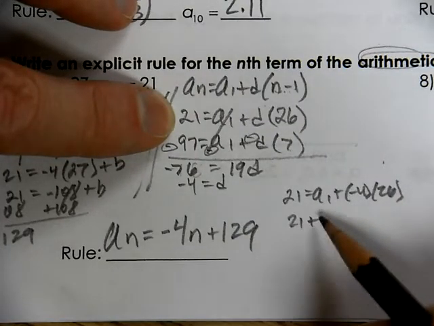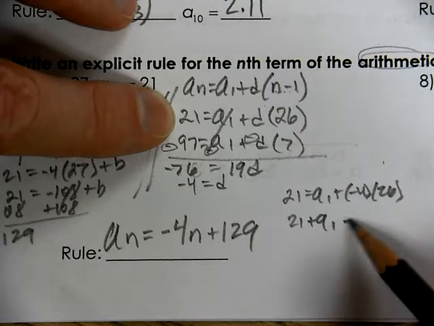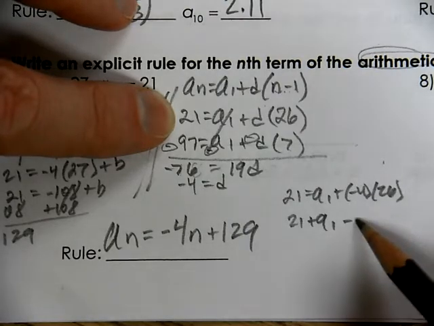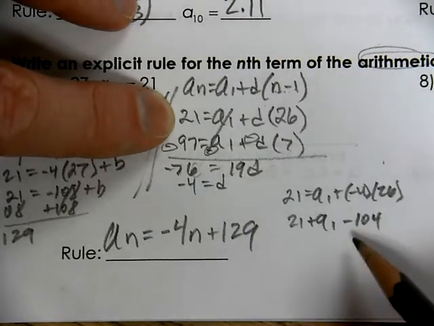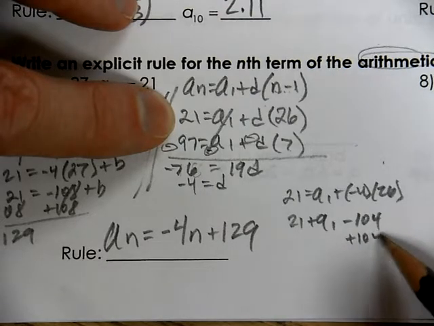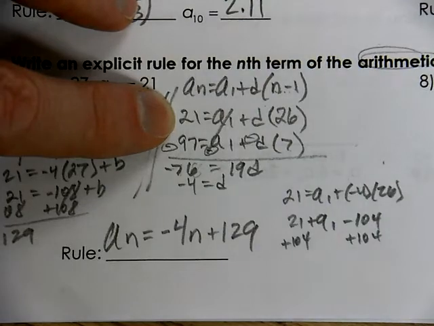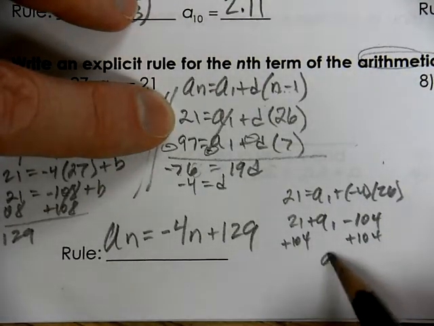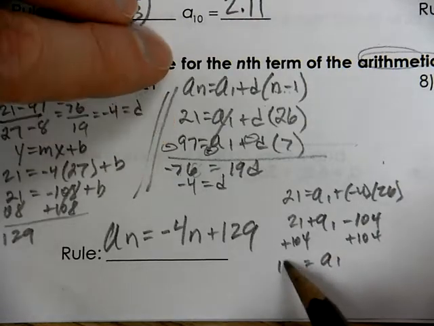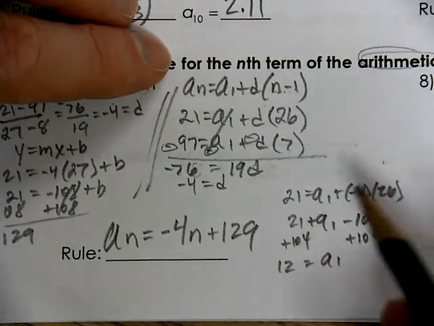So this is 21 equals a of 1 minus 104. And when we add that across, we get an a of 1.